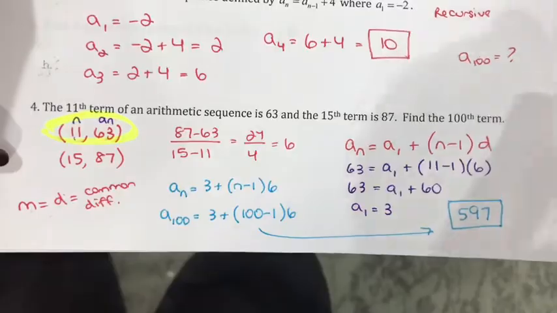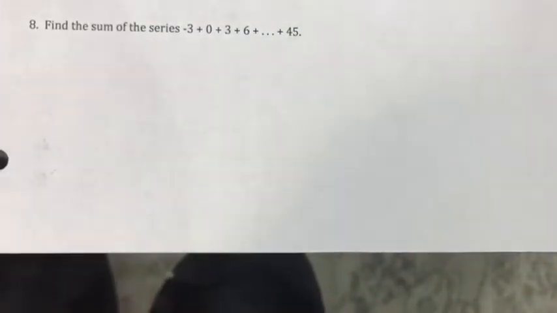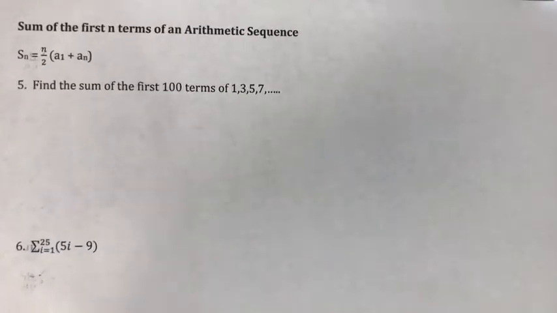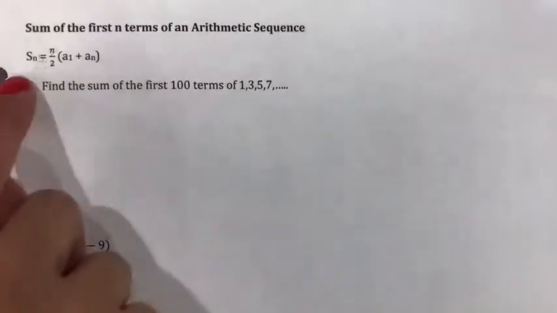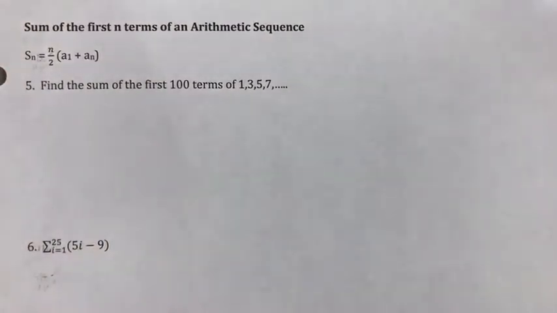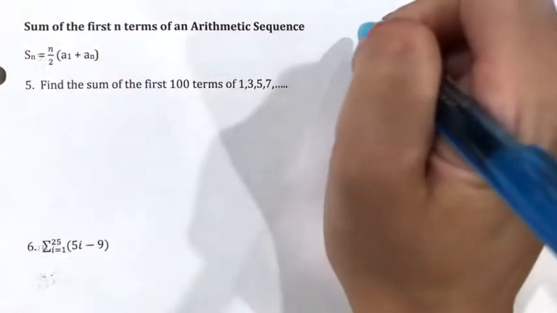Okay. All right, so our last little section here is talking about finding the sum of a bunch of terms in an arithmetic sequence. So this capital S tells us that we're looking for a sum.